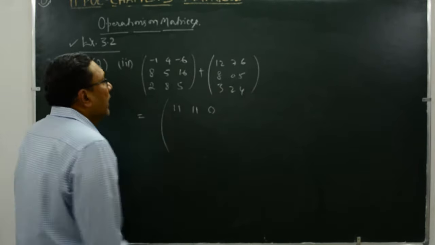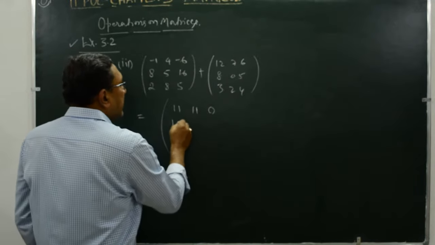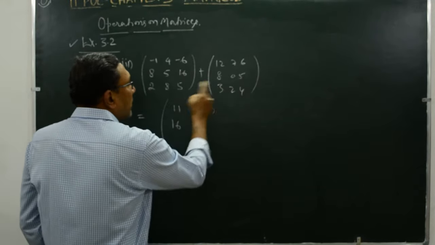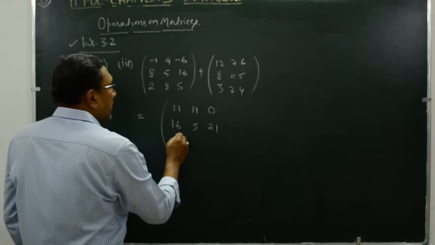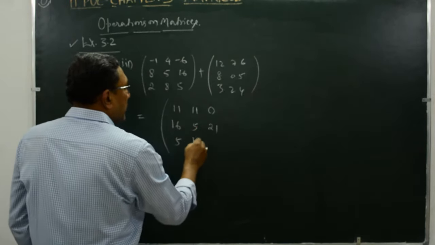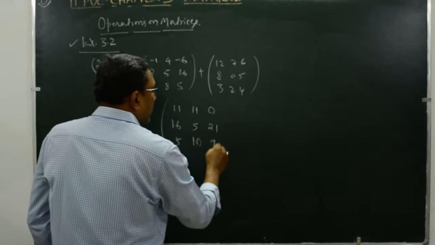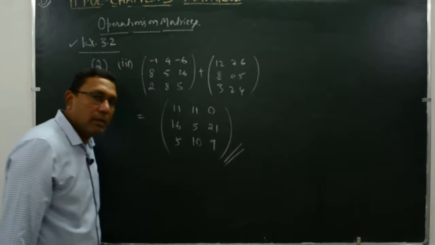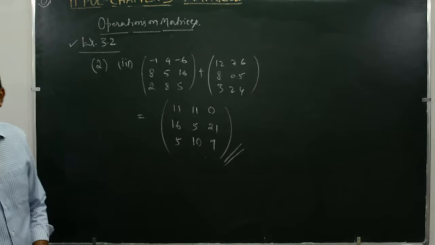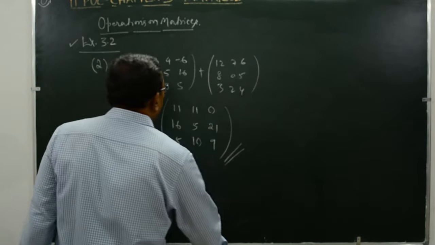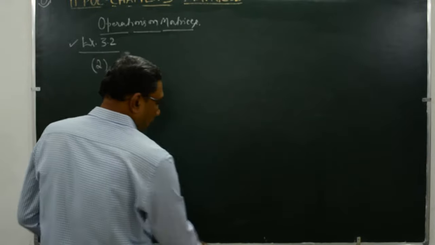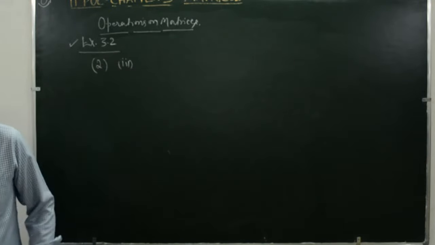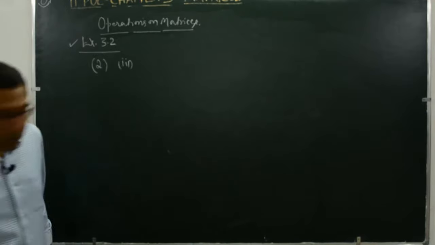And 8 plus 8 is 16, 5 plus 0 is 5, 16 plus 5 is 21, 2 plus 3 is 5, 8 plus 2 is 10, and 5 plus 4 is 9. This is your resultant matrix of the same order 3 by 3. Let's go to the next question, which is the fourth one.